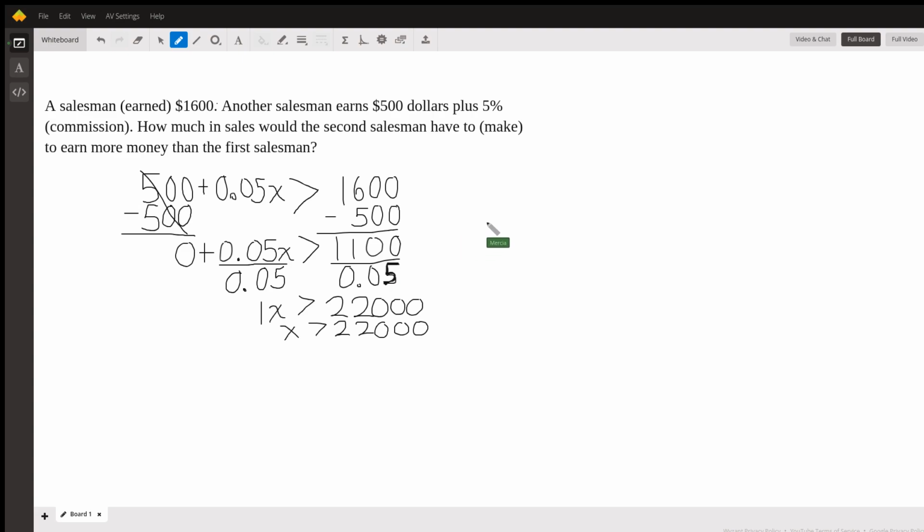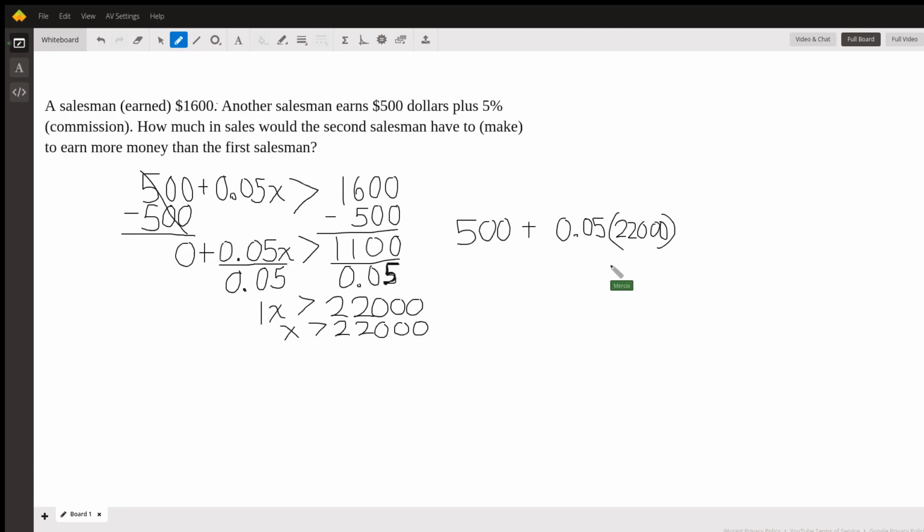Let's take what we know salesman number 2 is making. They're making $500 plus, meaning additionally, another 5% of all their sales. So if the sales they are making is $22,000, I'm going to do 22,000, still up there, times the 5%.